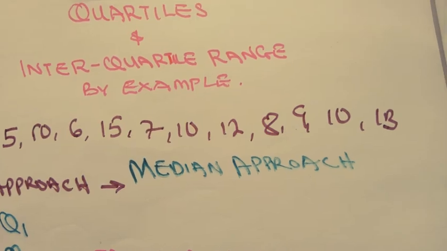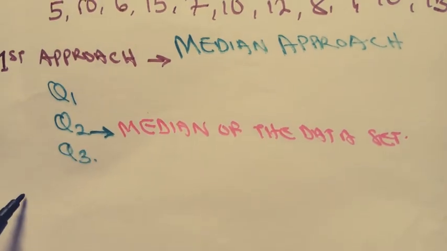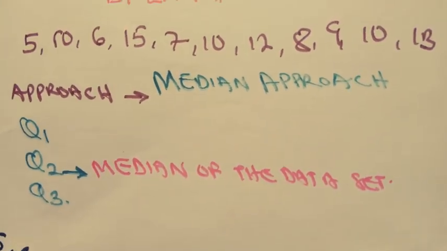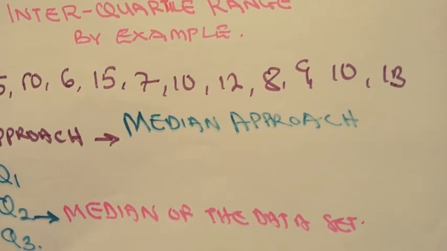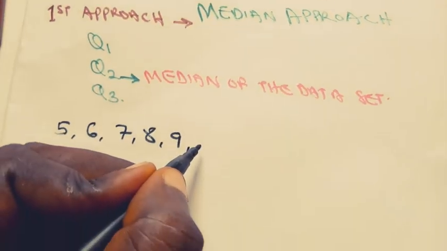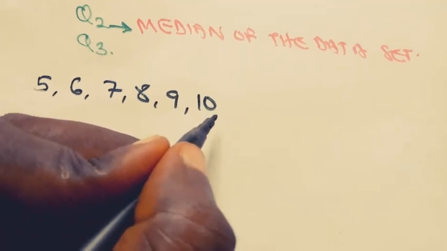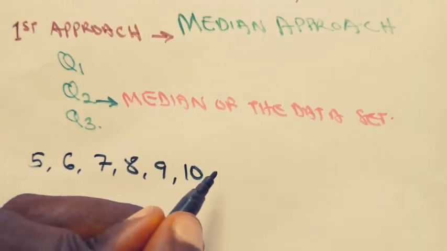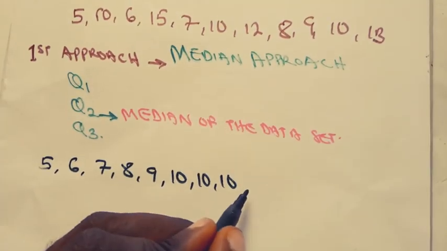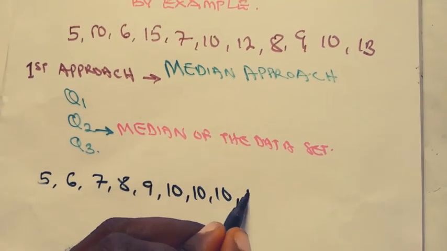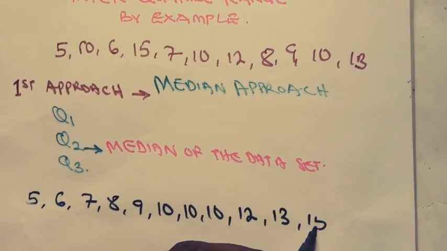So I write out the numbers again, and then I arrange them in proper order: 5, 6, 7, 8, 9, 10. I think I have 10 in 3 places: 10, 10. Then I have a 12, I have a 13, and then I have a 15.